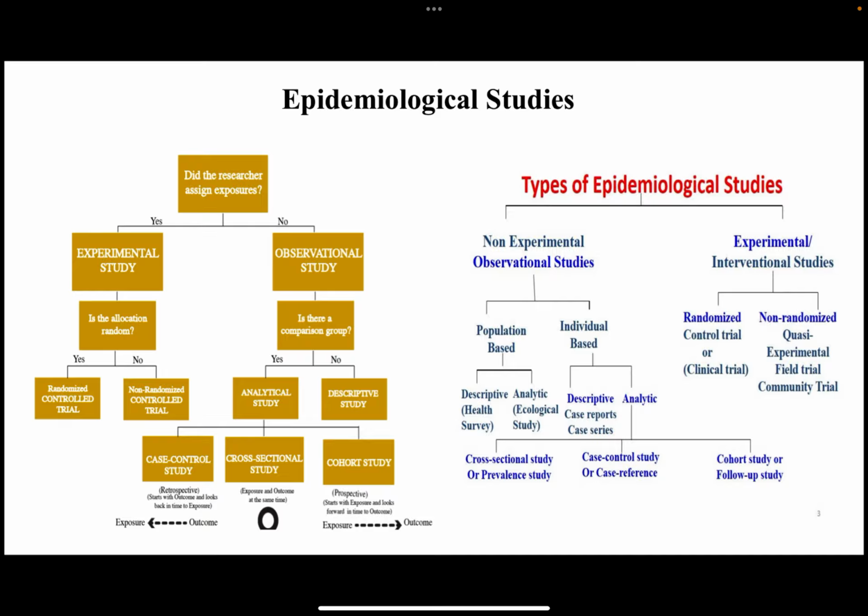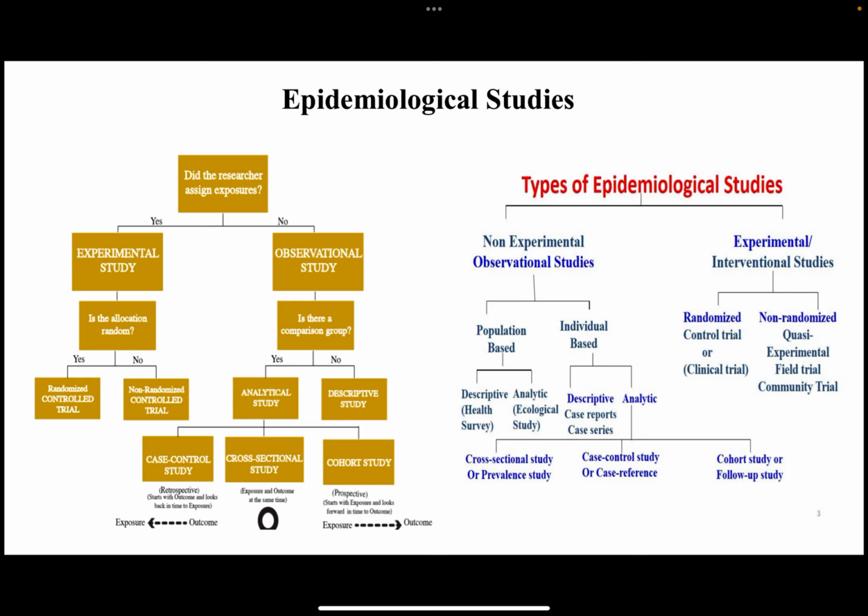Okay, so in summary, we have 2 main types of epidemiological studies. We have the experimental studies, and then we have the non-experimental or observational studies. Now, one thing about experimental studies is that they are very good if you want to establish cause and effect.